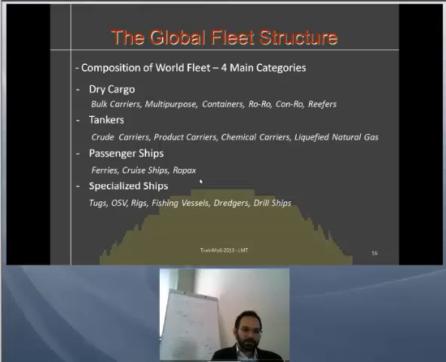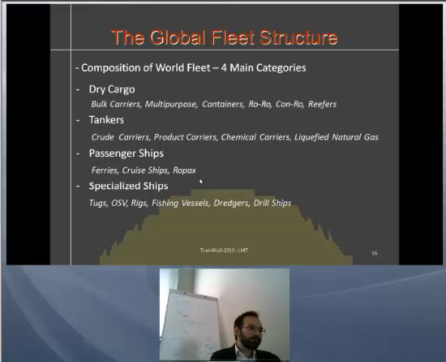So we can say that the composition of the world fleet can be modeled in four main categories: dry cargo, tankers, passenger ships, and specialized ships. These main categories more or less represent the global fleet.